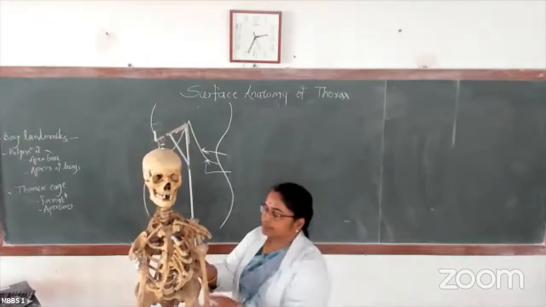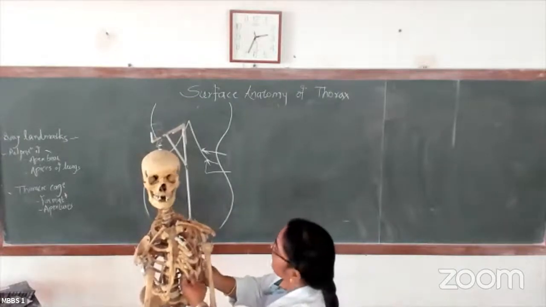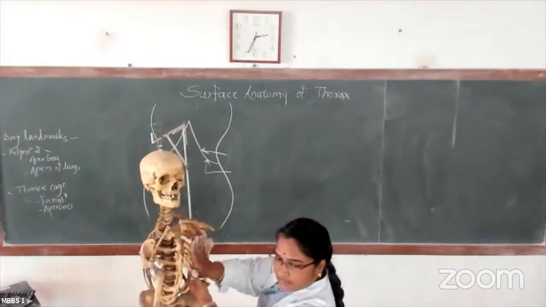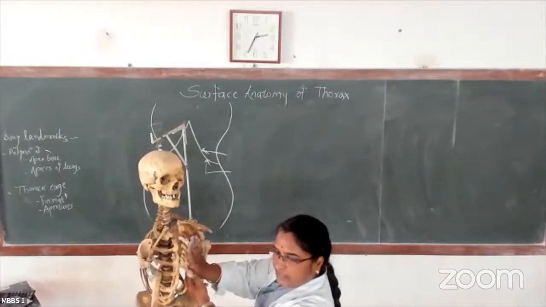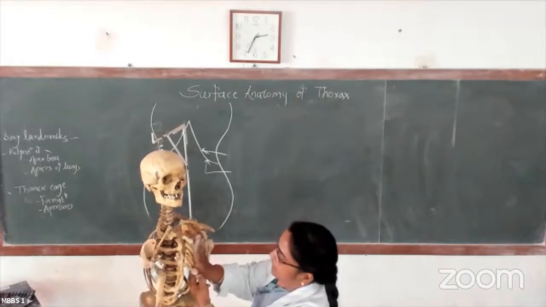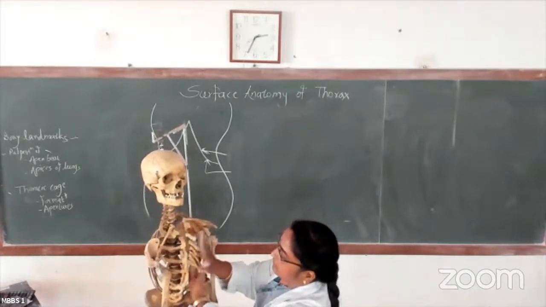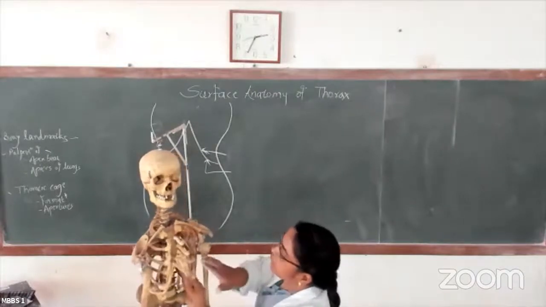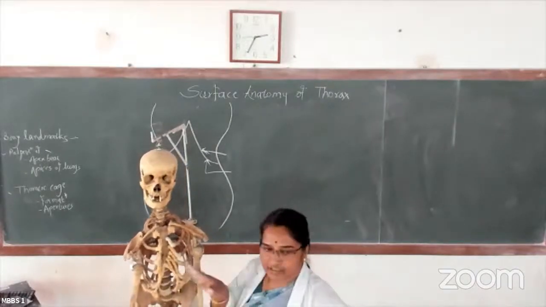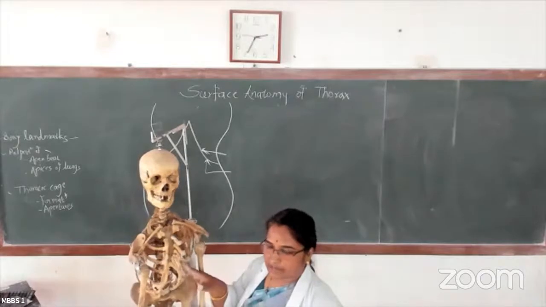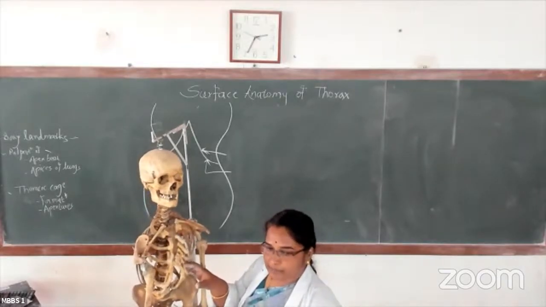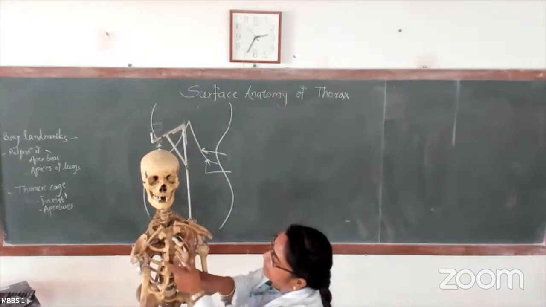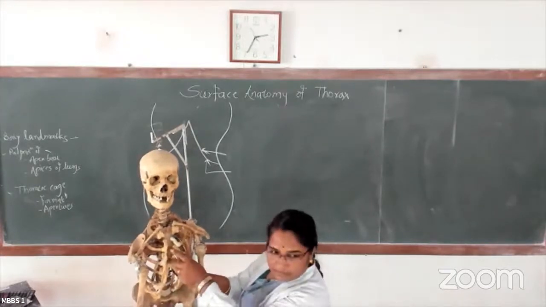For palpation of the apex beat, place your whole palm over the chest wall. Then as you feel the apex beat, at that proper place you place the palm of the fingers in that space so that you can palpate the apex beat.